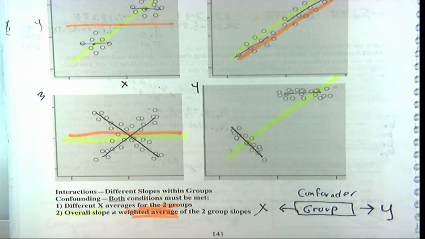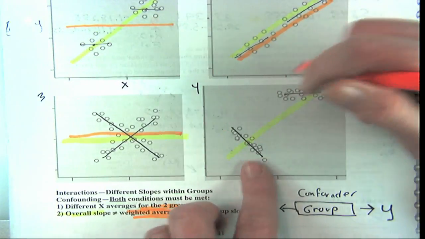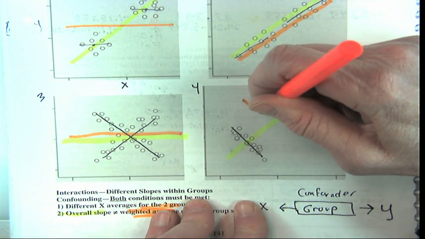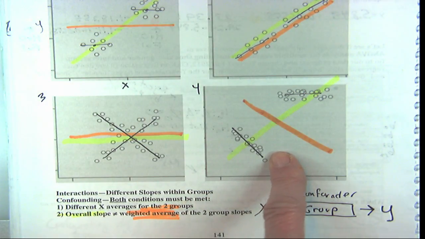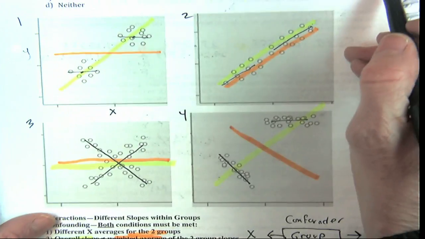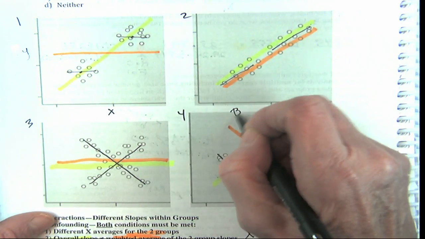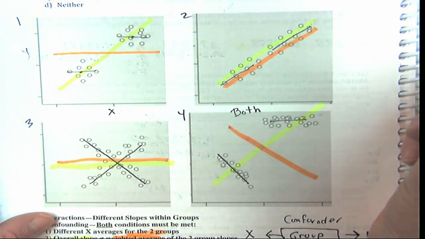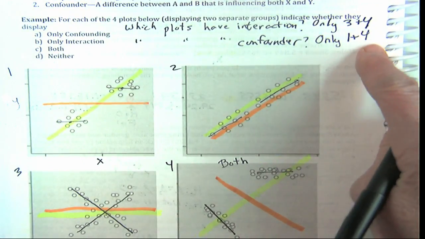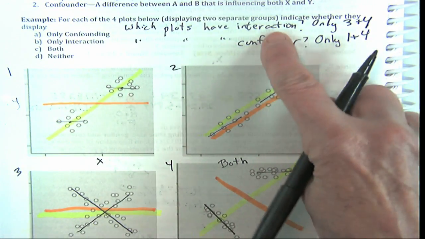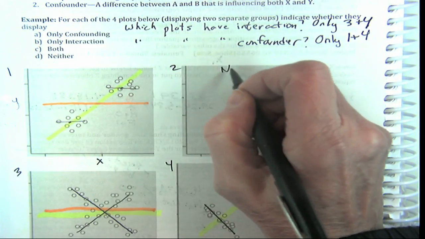So the weighted average should be some halfway between those two slopes. So 4 certainly has both. It has interactions, so this is both. 2 doesn't have an interaction or a confounder, so this is neither.